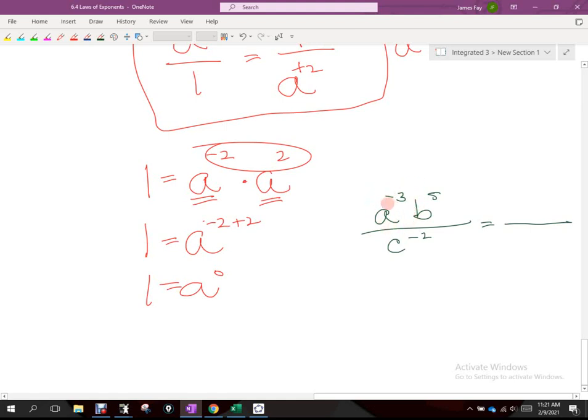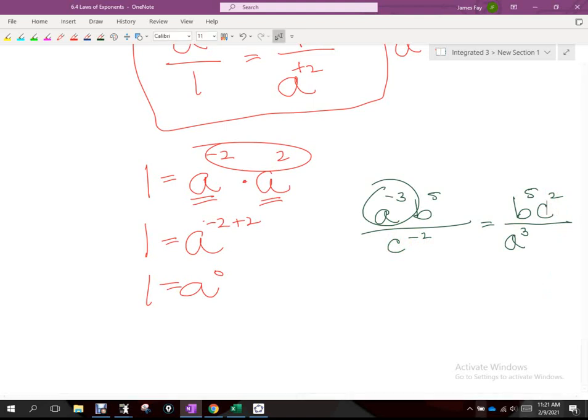If we don't like negative exponents, though. Okay, so a to the negative 3 is going to go to the bottom. It's going to become a to the positive 3, right? What about b to the 5th? Is that going to go anywhere? Stays there? Okay, so c to the negative 2, we don't like that negative exponent there. So it's going to go up to the other side, and it's going to become positive. Does that make sense? Okay.